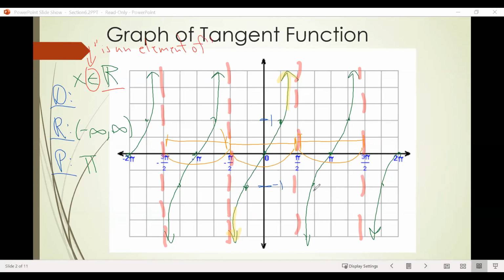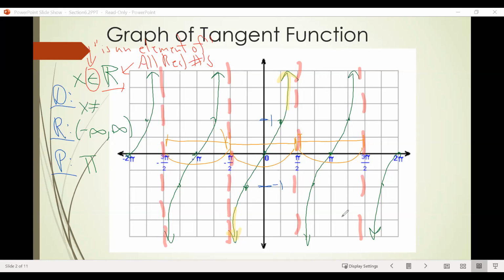And this funky looking R means all real numbers, because we see that x can be mostly any number we see here. So x can be all real numbers, but there are some restrictions, right? There are some values that x cannot be.